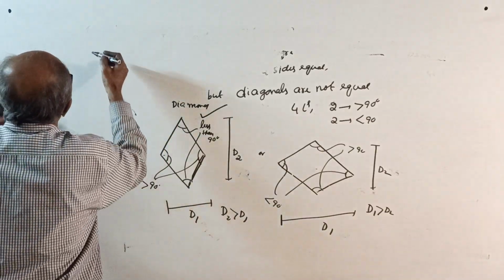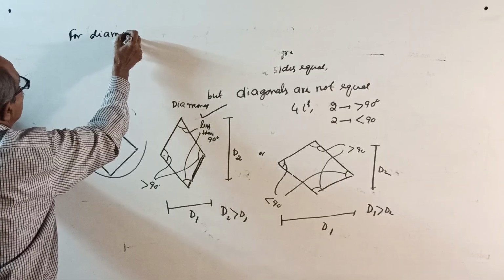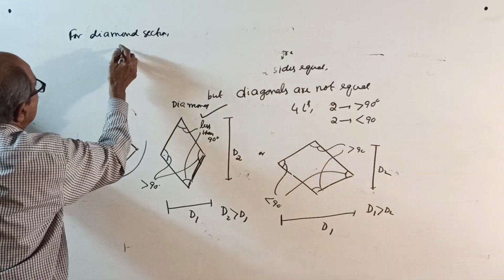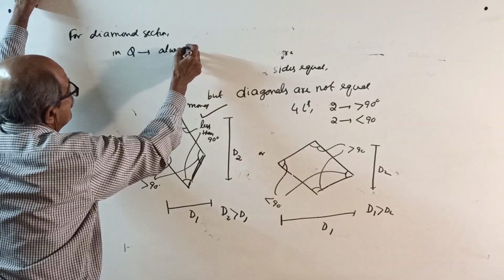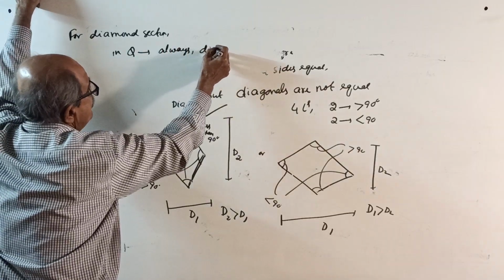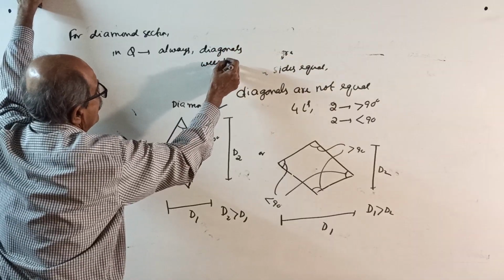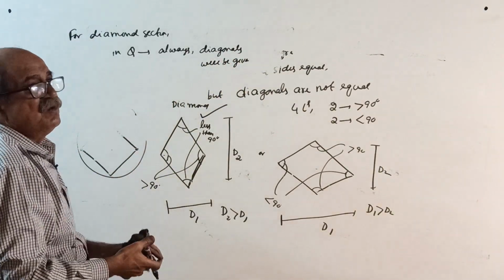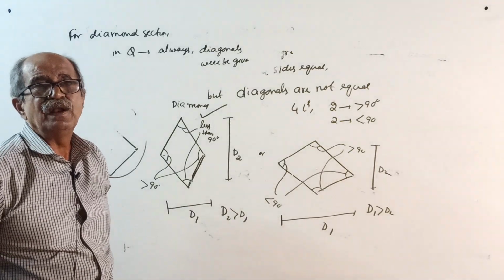See, for a diamond section, in the question, always diagonals will be given, side will not be given. Always what? Diagonals will be given, side will not be given.